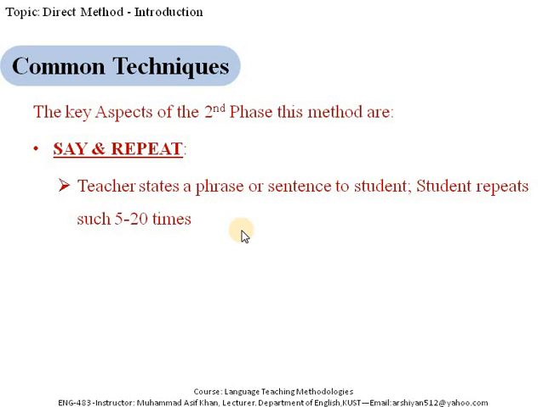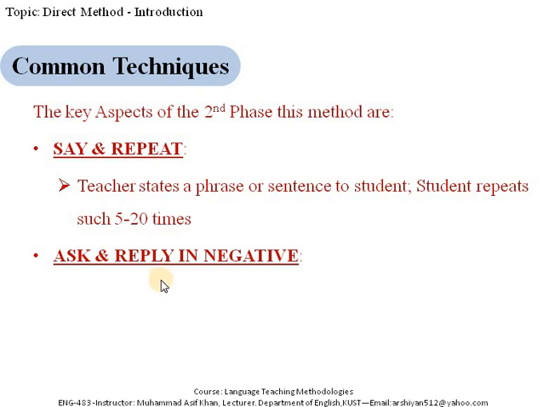So phrases and sentences are introduced to the students, and they have to repeat these phrases and sentences 5 to 20 times. After that, the teacher asks questions, and students have to reply to these questions in the negative.